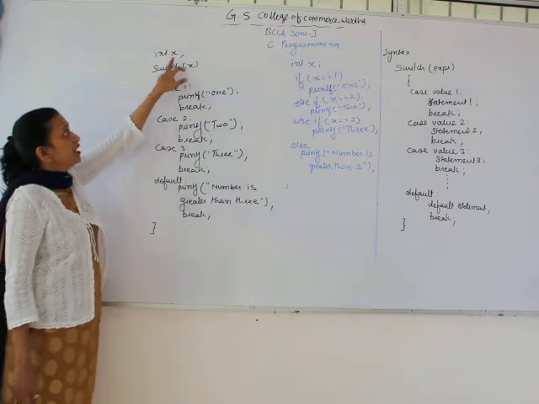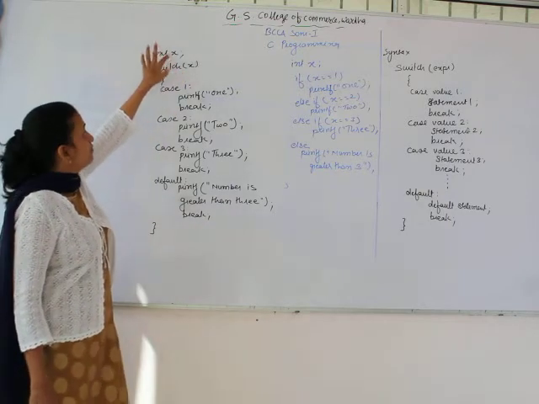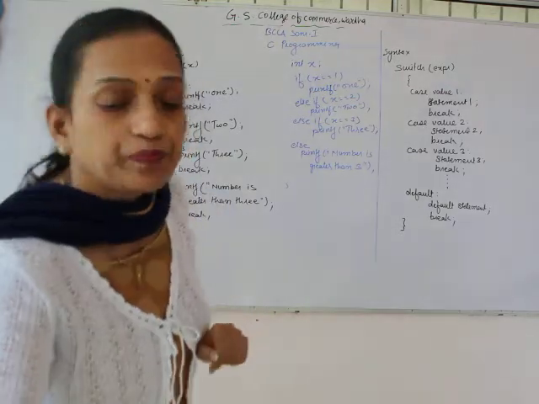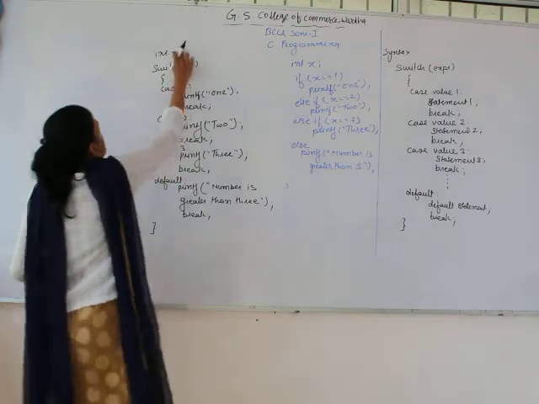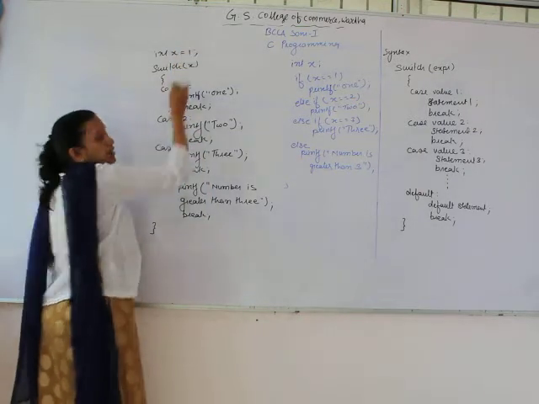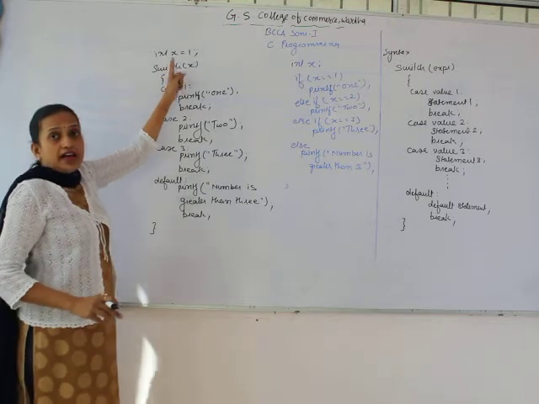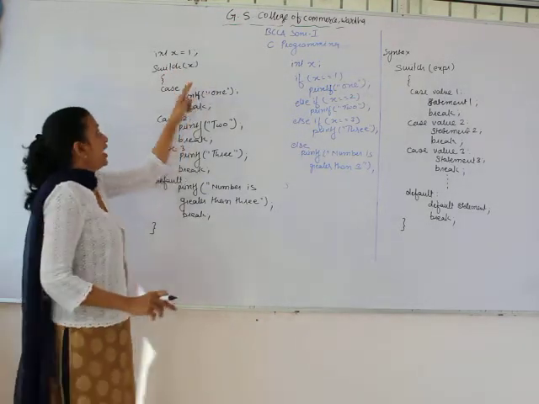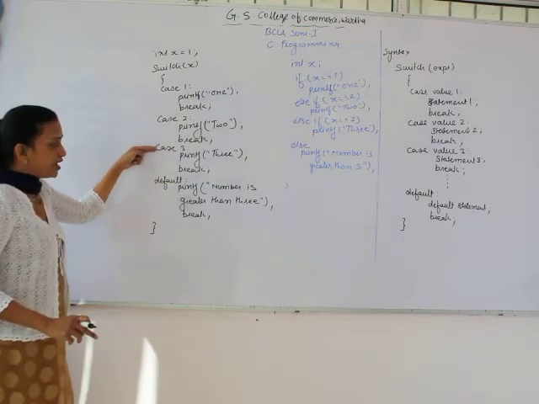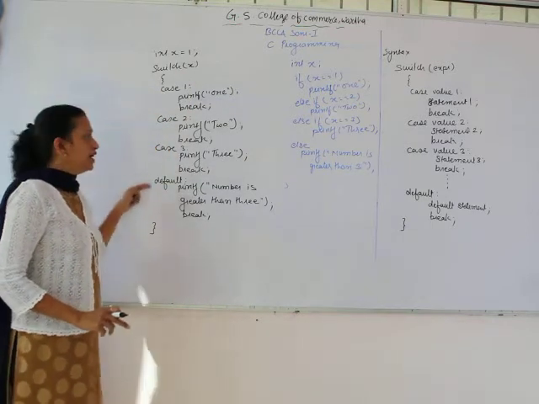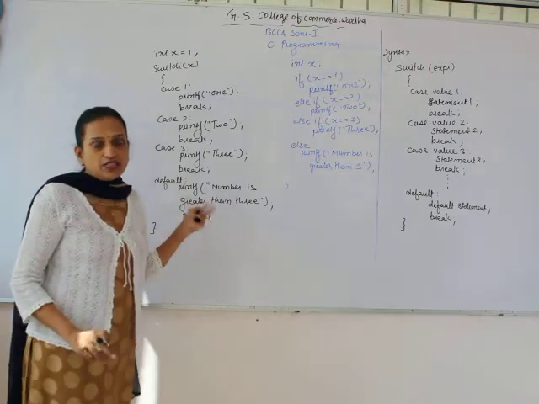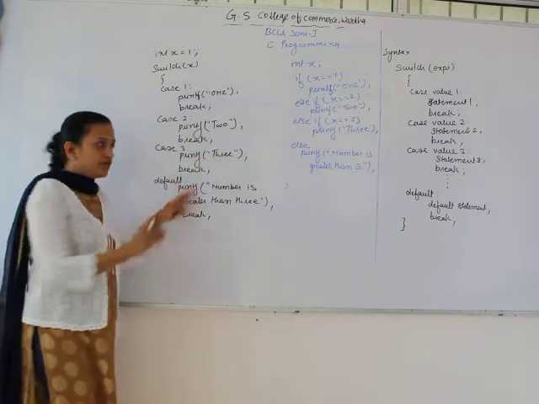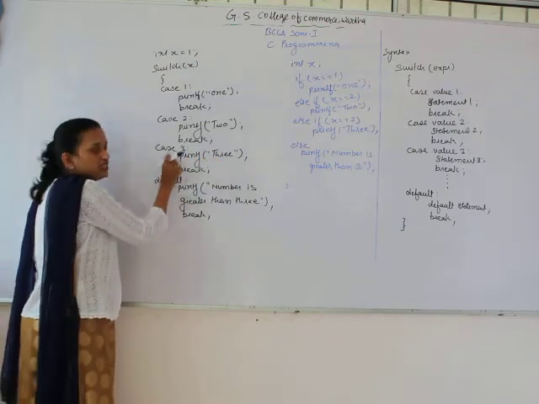Suppose you declare x and read the value of x. Suppose you assign the value of x as 1. Here the expression of switch is x, this variable, and here we are specifying many cases. As many cases as you want you can specify here, and we specify a statement for each case value.